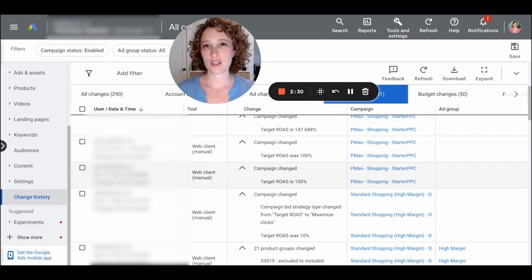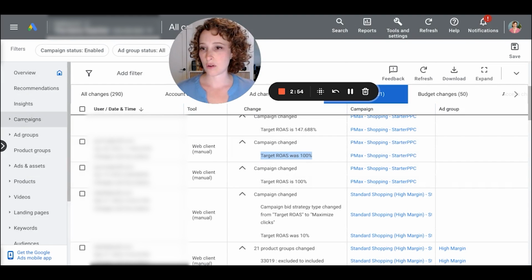That's just a Performance Max campaign where we don't really give it any assets. We only give it the shopping feed. So it kind of runs like a smart shopping campaign. So on April 19th, we applied a target ROAS setting of 100%. And on April 28th, we removed that target ROAS setting. So let's go and look at this campaign between these two dates, the 19th and the 28th.